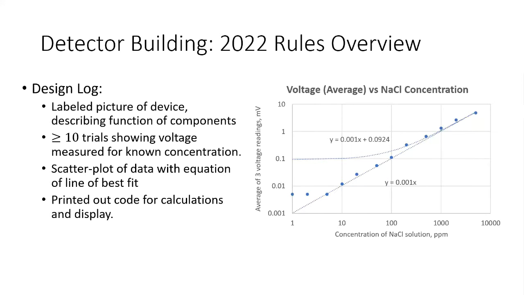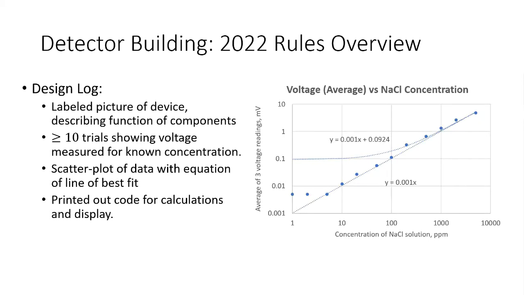And so in addition to building this device and actually having it measure stuff, you need to submit a design log, which shows that you have done at least 10 trials of measurement of concentration. So what you do is you take some water and you take some salt, right? And you put some salt in the water, a known amount.